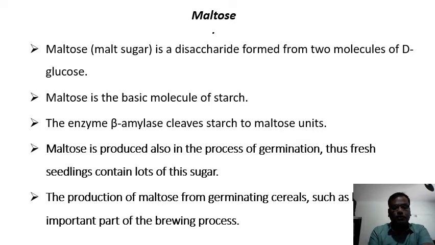Now maltose is produced during the process of germination. So plants actually store the food in the seeds, and during the germination process, what happens?